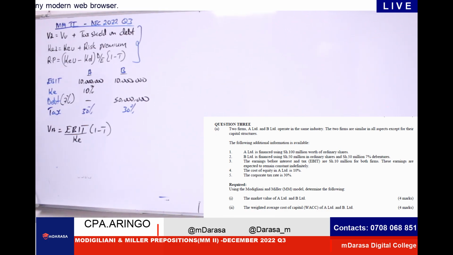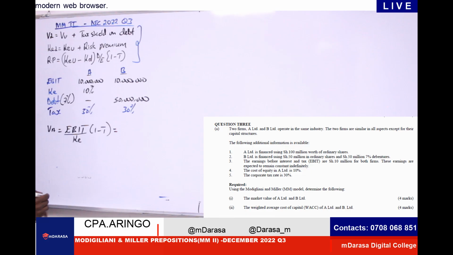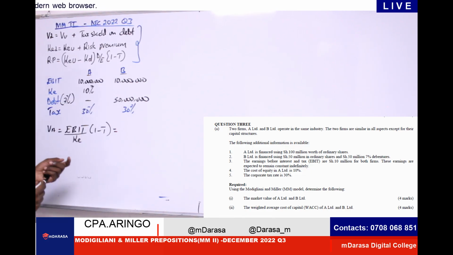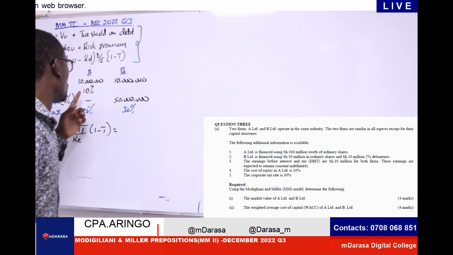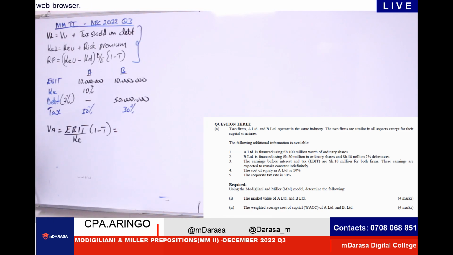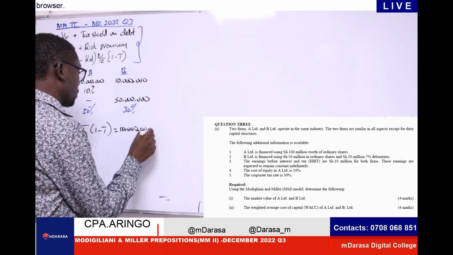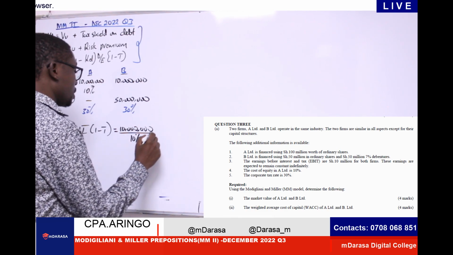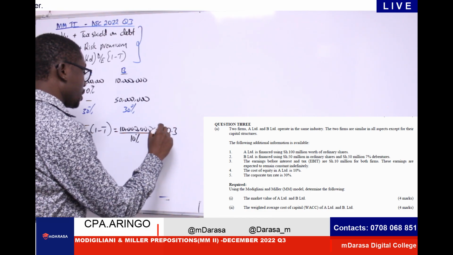We are terming it as unlevered because we don't have the component of debt. So that should give us our earnings before interest and tax, which would be 10 million, divided by cost of equity, which is 10%, times 1 minus T, which is 0.3.